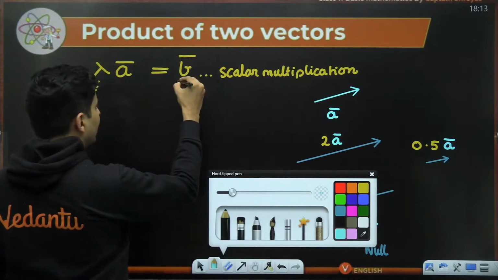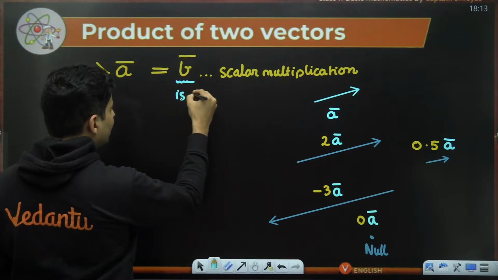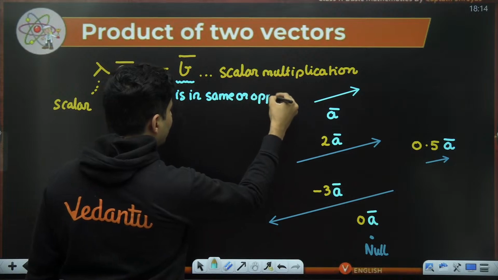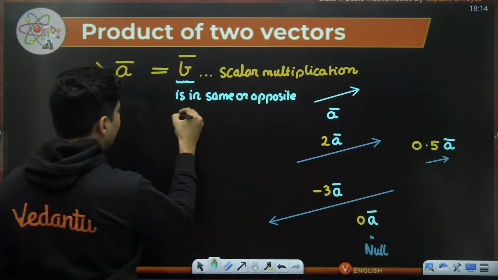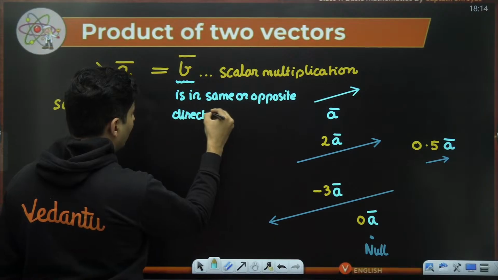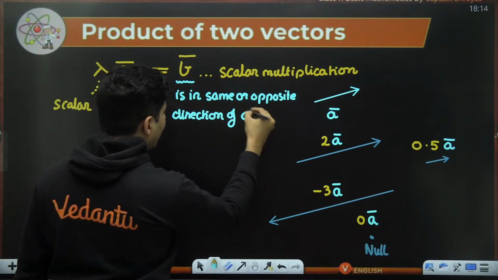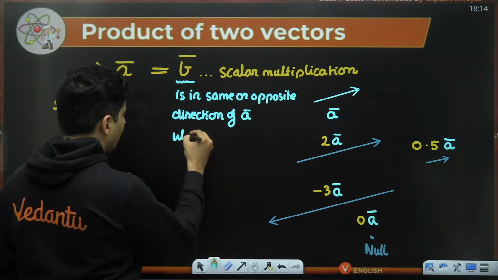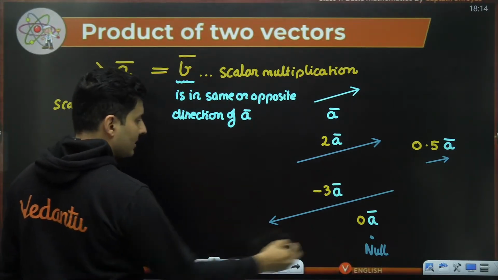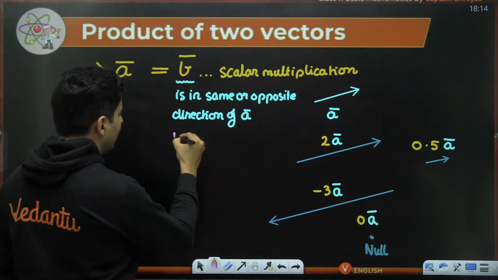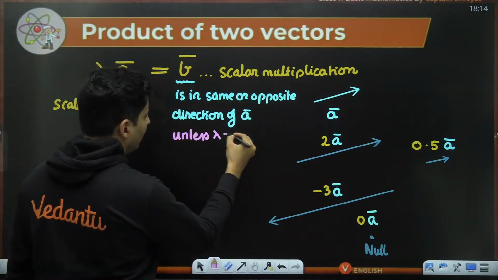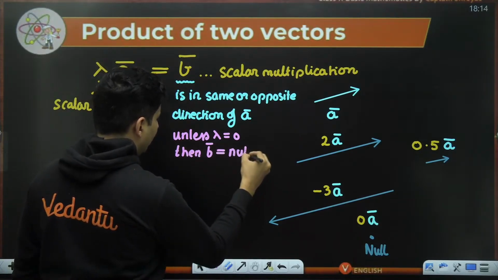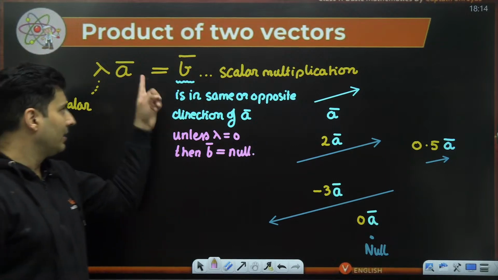Then I can say that this particular vector B is in the same or opposite direction of a bar, unless there is a special scenario, unless lambda is 0, then b vector is nothing but a null vector.